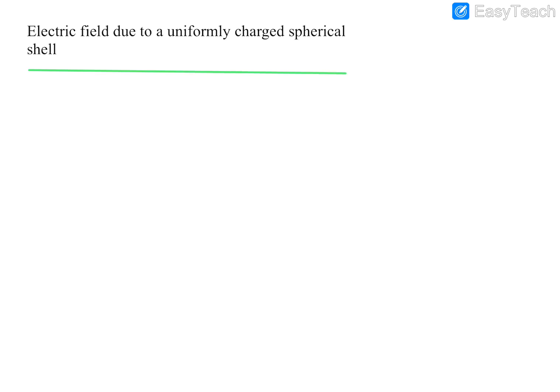Okay, so before going to discuss the electric field, I will explain what is the difference between a conducting spherical shell and a non-conducting spherical shell. Spherical shell means automatically it will be spherical in shape.